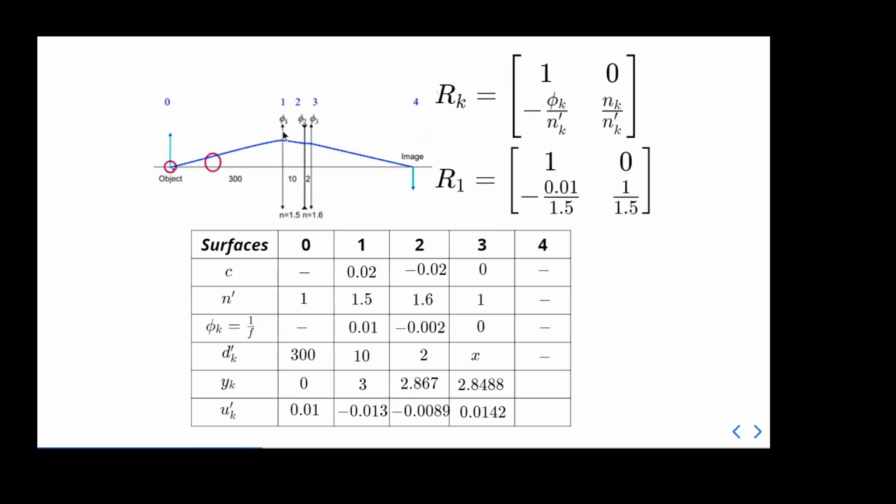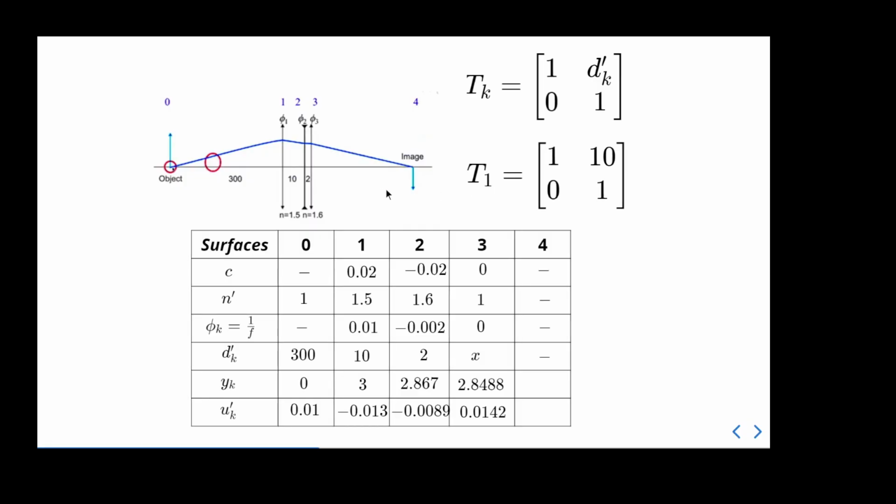And for R1, n dash k is the refractive index after the surface, which is 1.5, and nk is the refractive index before the surface, which is 1, and the power of the surface is 0.01, so we put 0.01. We just substitute all these values here.